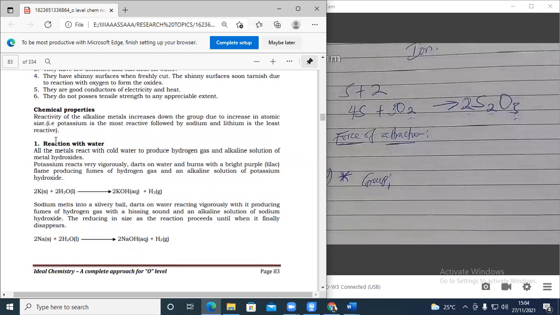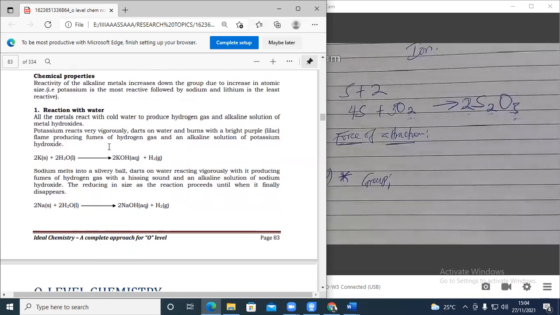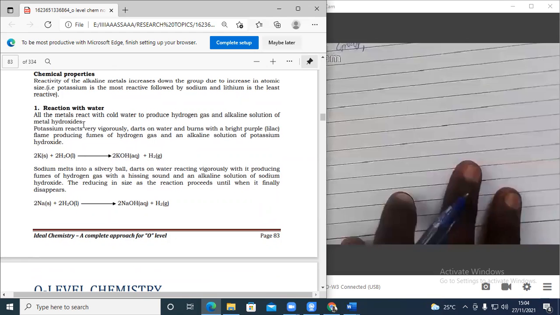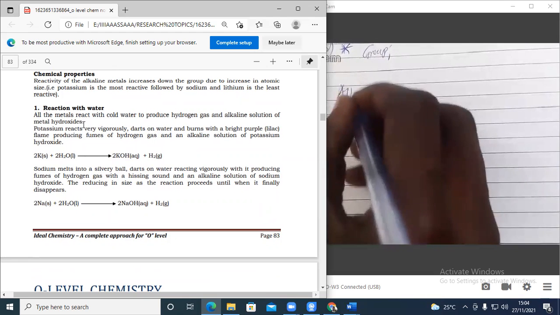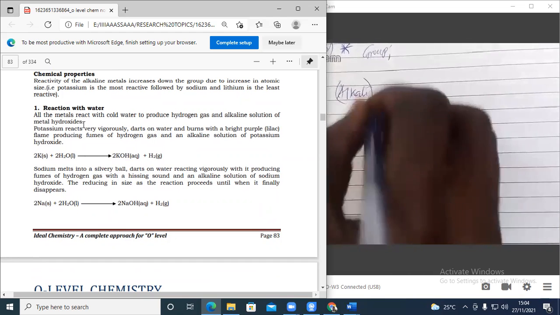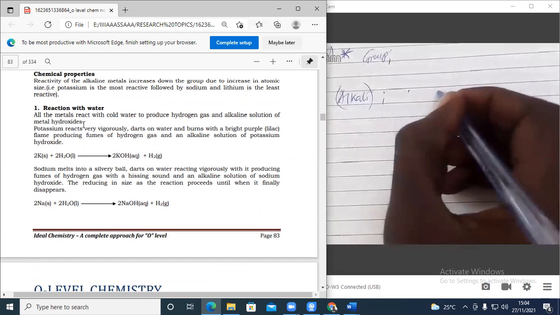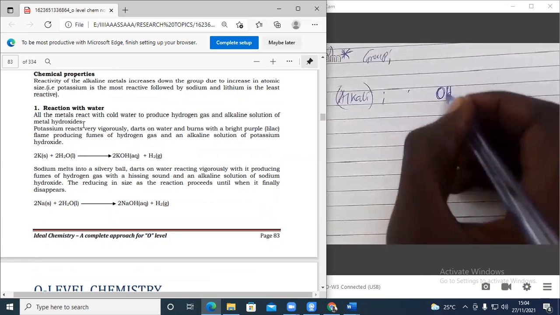Then reactions with water. This is what they form. Please take note that all these metals react with cold water to produce hydrogen gas and alkaline solutions of metal hydroxides. We shall look at alkalines when we come to salts, but alkaline is when something has hydroxide ion in it.